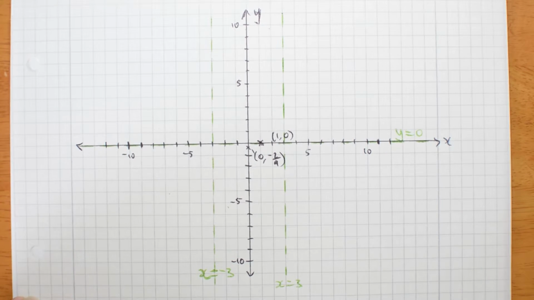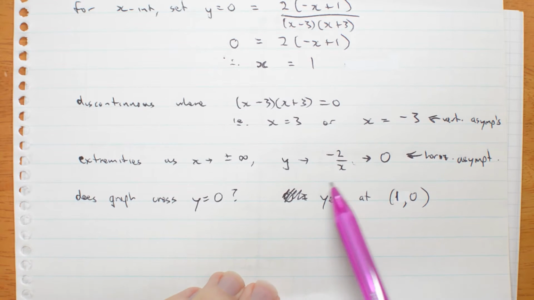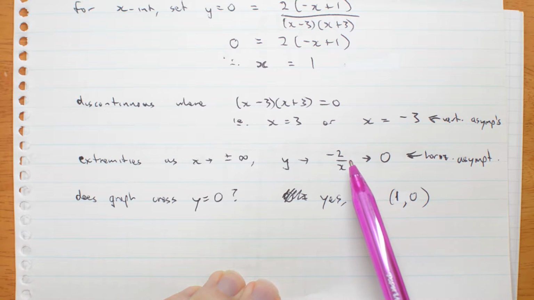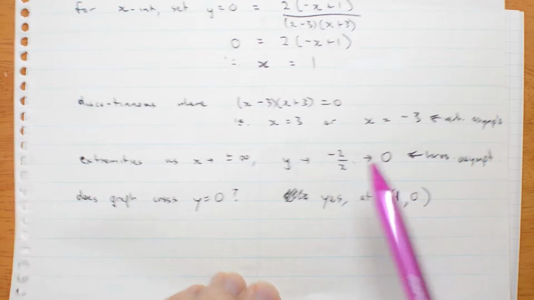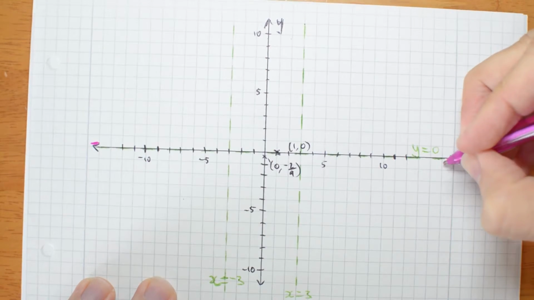Don't know very much yet, do I? So I want to find out what's happening to the graph at each side. I decided that as x was negative at the extreme, y was positive, and as x was positive at the extreme, y was negative. So I'm here, and I'm here.